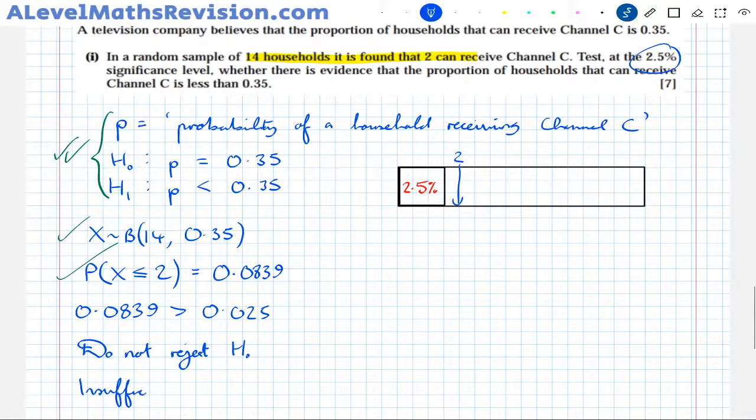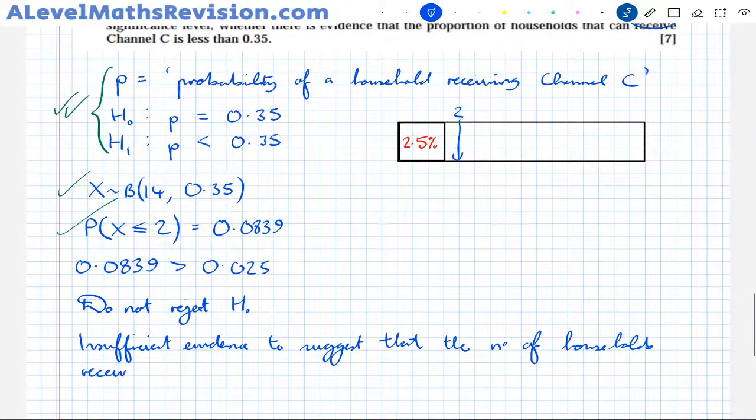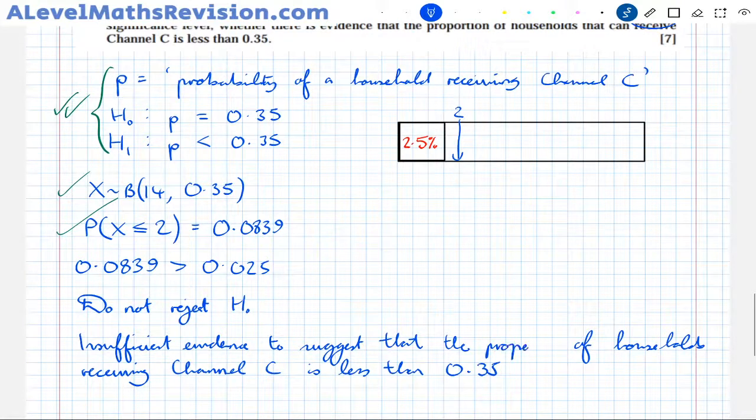Insufficient evidence to suggest that the number of households receiving channel C is less than 0.35, and a better word than number, actually, proportion, is what was used in the question. The proportion of households.